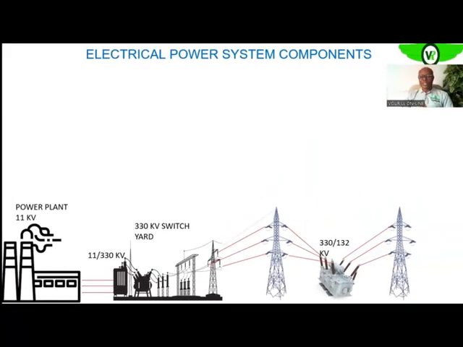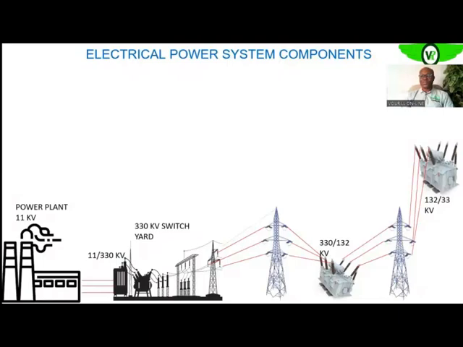That sub-transmission station takes it down from 330 kilovolts to 132 kilovolts.